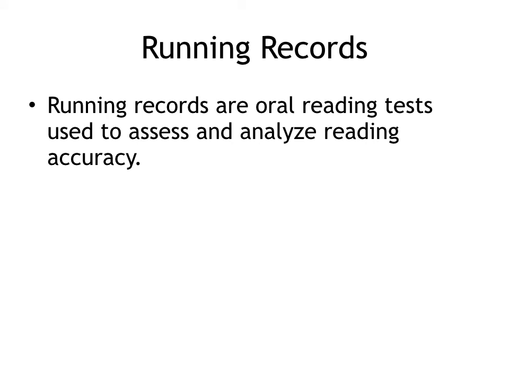You can also use running records. Running records are oral reading tests used to assess and analyze reading accuracy. So they should be used only with children who are able to read text.